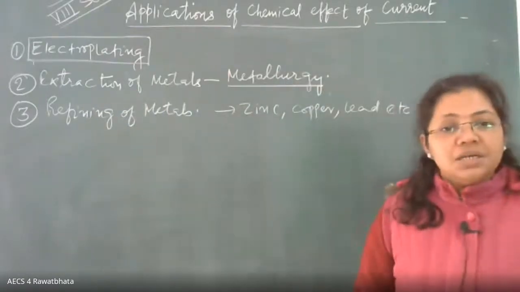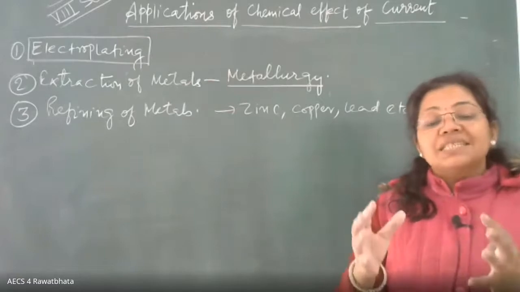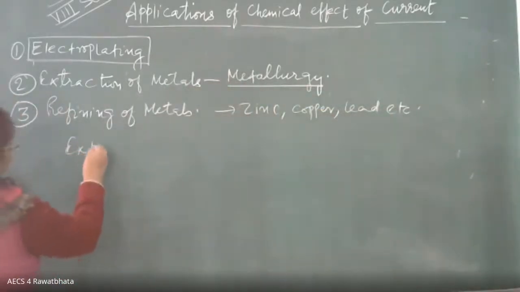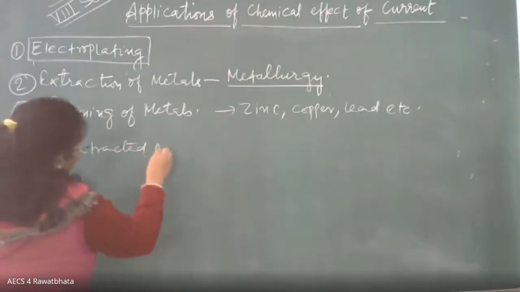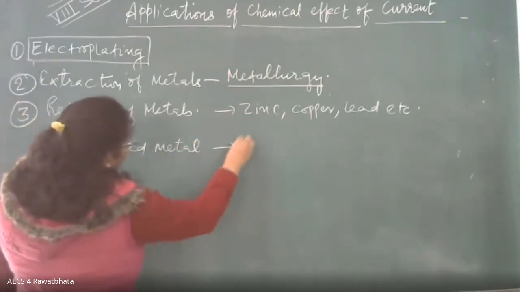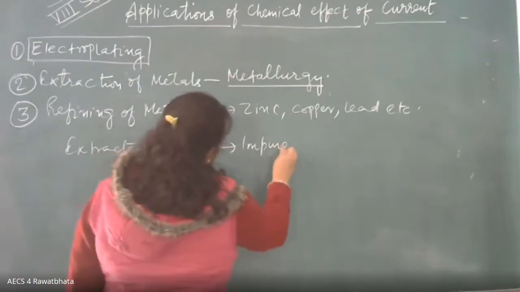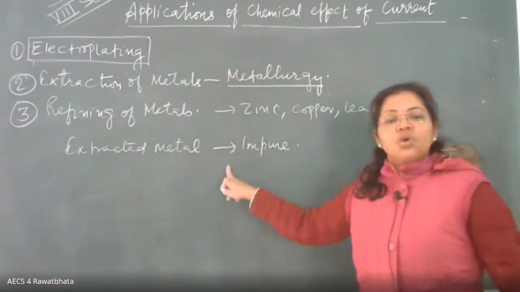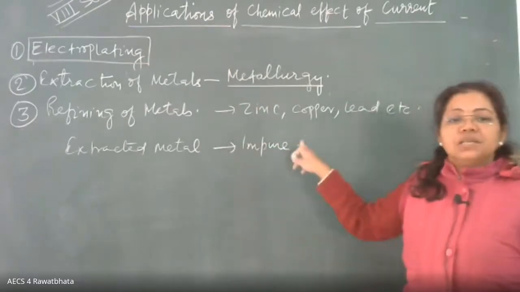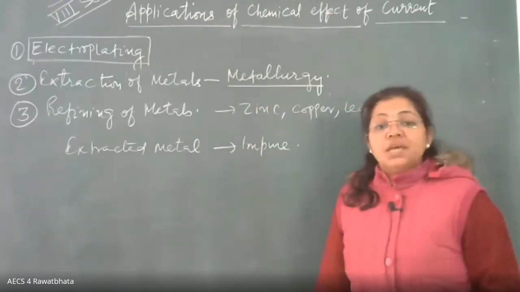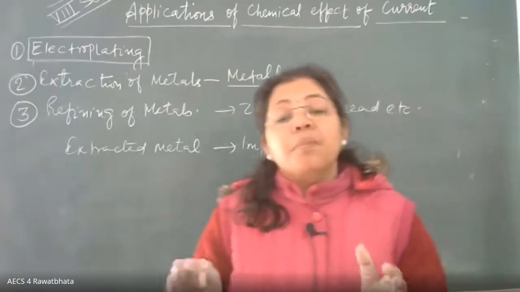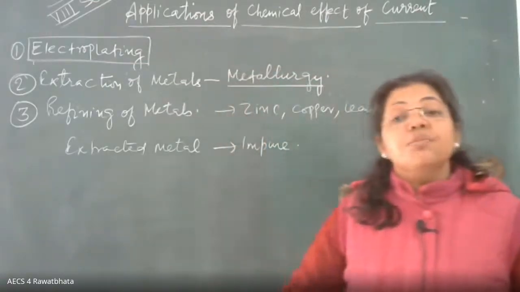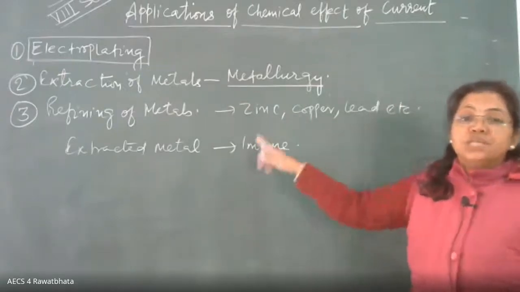So in the last we are having the extracted metal, but this is still impure. हमने यहाँ पर मेटल को एक्सट्रैक्ट तो कर दिया, लेकिन ये जो मेटल है यहाँ पर ये impure है, means it is still having many unwanted impurities with it. अभी भी उसमें बहुत सारी impurities present होती हैं.